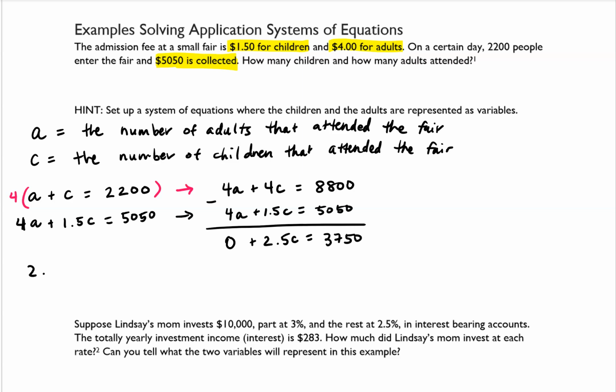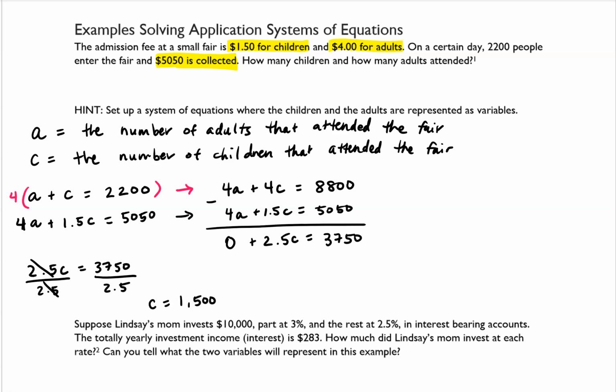So I'm just going to simplify that equation to 2.5c equals 3,750. And then from here, I want to get c by itself. So the last step that I need to do is divide both sides by 2.5. And I'm going to throw that into my calculator. And we end up getting that c equals 1,500.